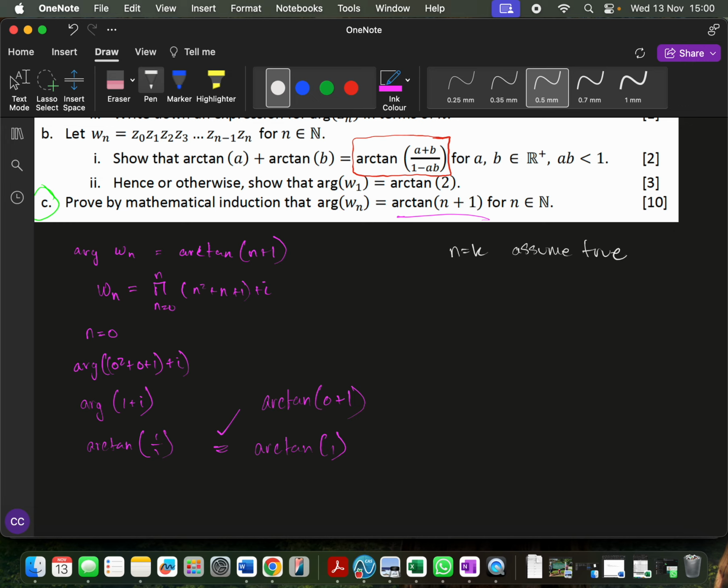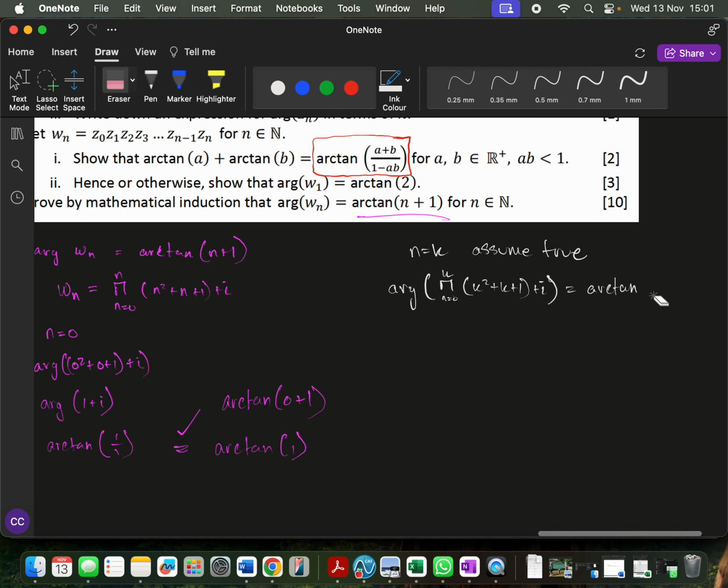So if we assume that that's true, that means that if I was to do the argument of the product from n equals 0 all the way to k of k squared plus k plus 1 plus i, I would get the arctan of, sorry, the arctan of k plus 1. And I can write k plus 1. All right, so we have that assumption.